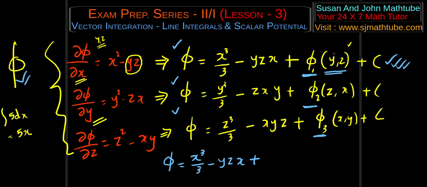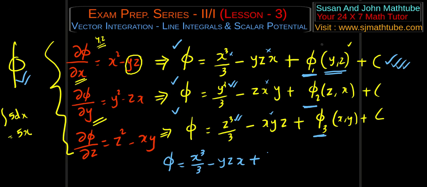So I'm looking for a function or a term which is independent of x. Okay, this is not independent of x. This is not independent of x. This is independent of x. This is not independent of x. This is independent of x. This is not independent of x. And please remember, if a term repeats, don't take it more than once.